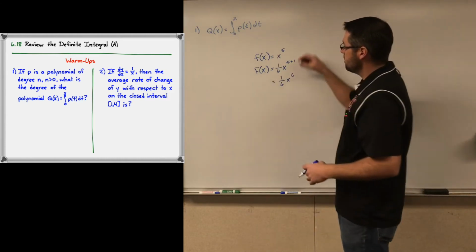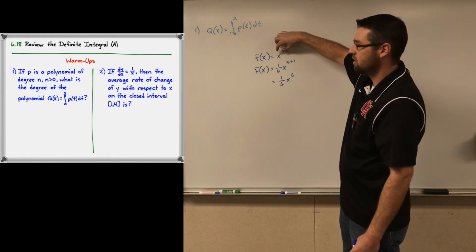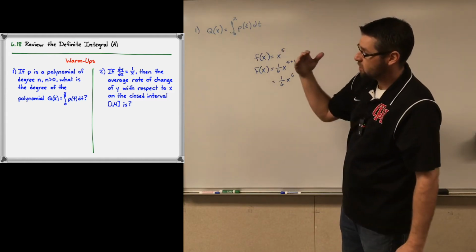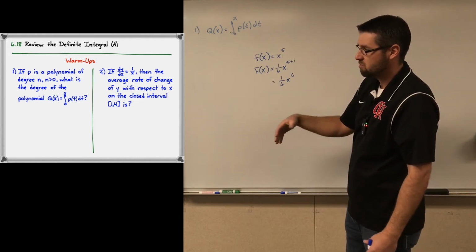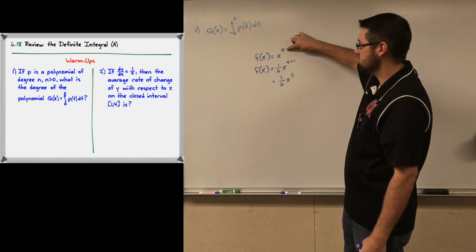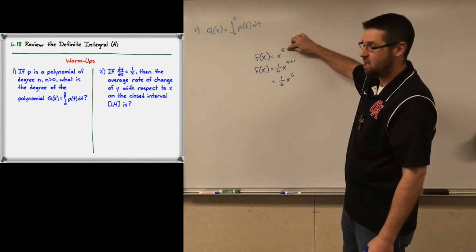So the point is, when we're taking an antiderivative, we add 1 to the power. So the question is, if p is a polynomial with a degree of n, then its antiderivative would have what degree?